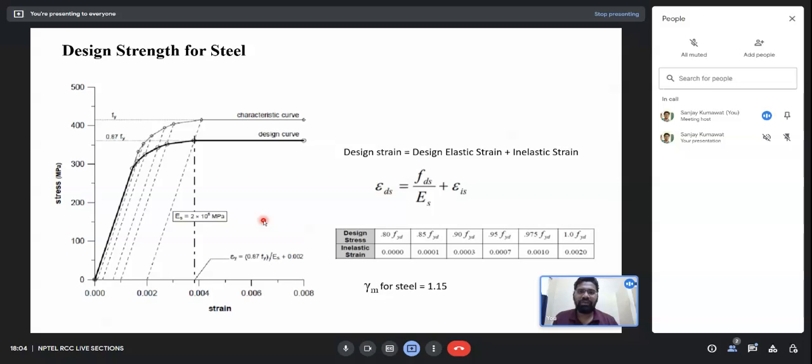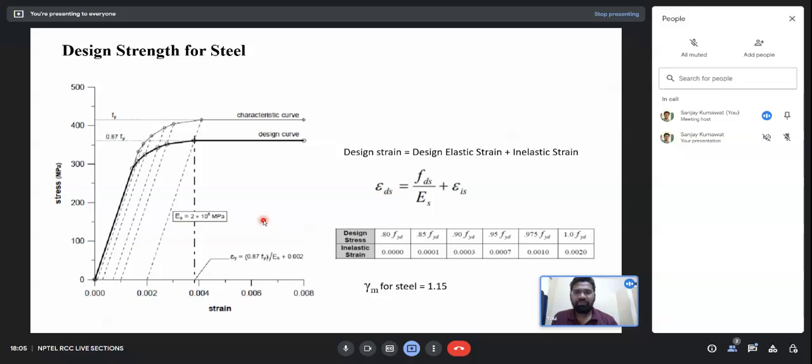So, what is partial factor of safety? Usually, we use this partial factor of safety in the limit state method, and as we can see here, we apply it to both the material as well as the load.